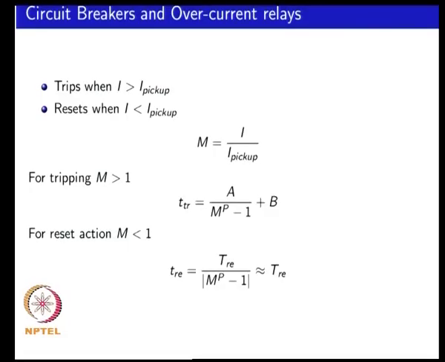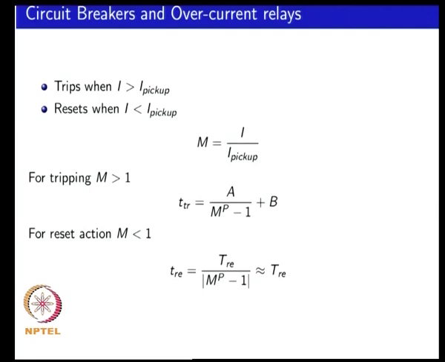So, if you look at it from the tripping characteristics of your circuit breaker, you can think of a critical level as a pickup current level. If your current is greater than the pickup current level, then you would be initiating tripping action in the breaker.